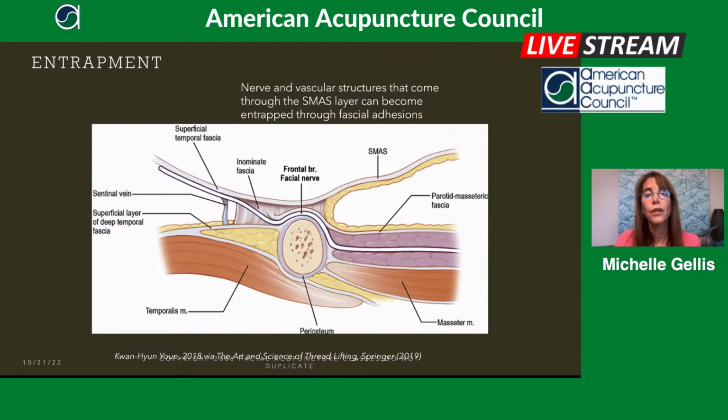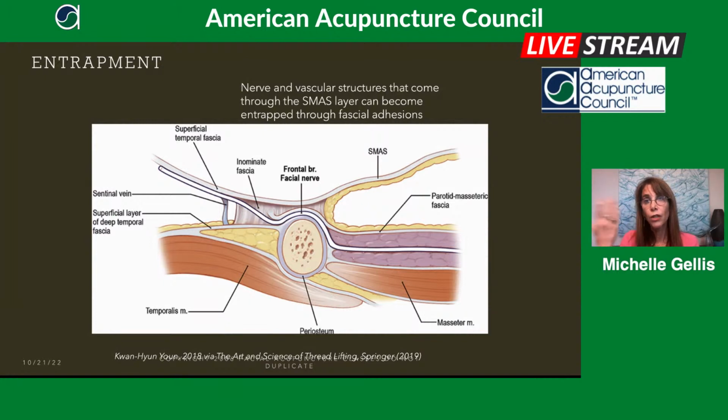So here's the bone. Here's a piece of bone, and here's the fascia, and here is a nerve, which, as you could see, could get trapped in the fascia, and it could prevent the signaling.